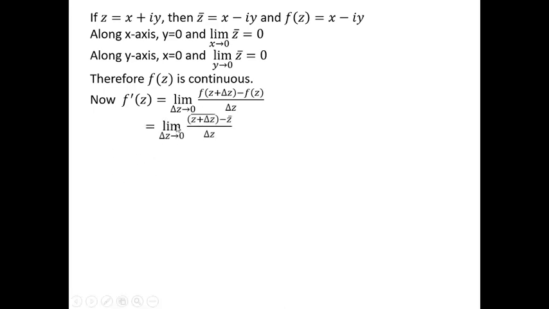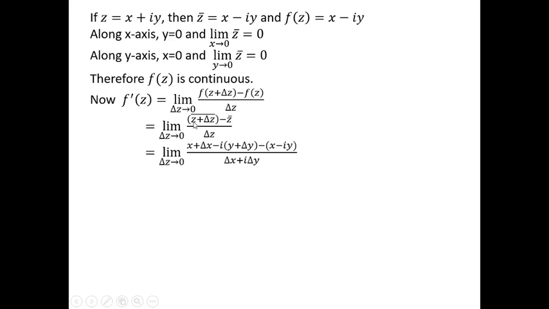Here f(z) is z bar. Therefore, f(z plus delta z) can be written as the conjugate of (z plus delta z), minus f(z), what is f(z)? z bar, whole divided by delta z.